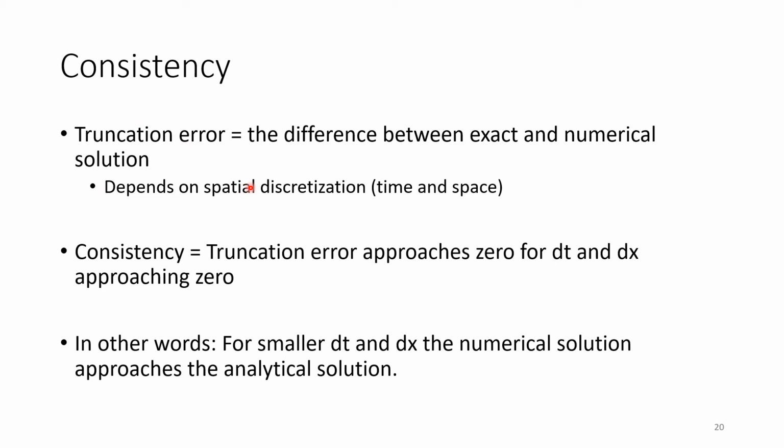And if this truncation error approaches zero, again for small dt's and small dx, so small temporal and spatial resolution, then you're talking about a consistent model. Right. So you could put it a bit more simply, in other words, if you decrease dt and dx, your numerical solution approaches the analytical solution. This is what you would call a consistent model. Note the fine difference between consistency and convergence.